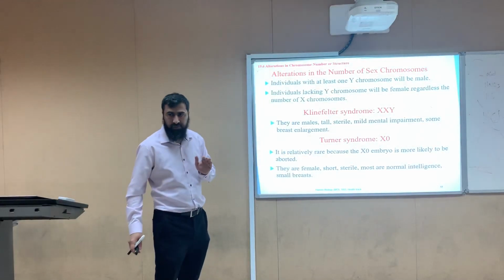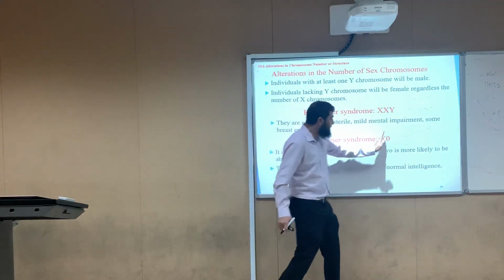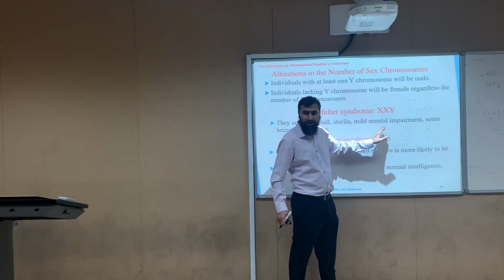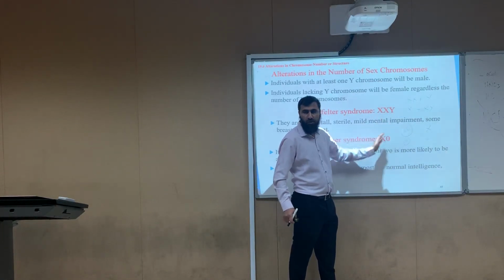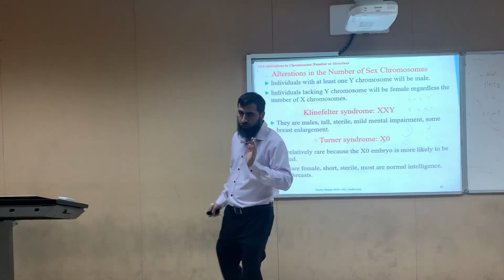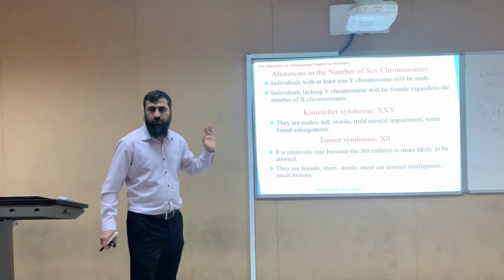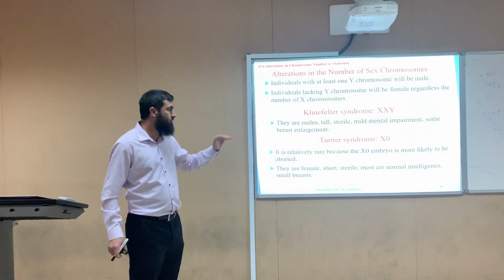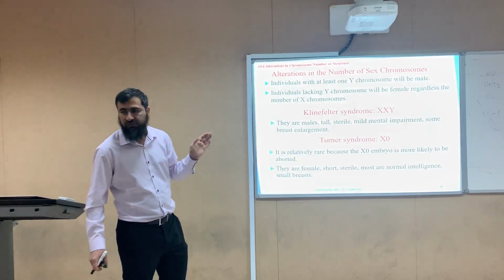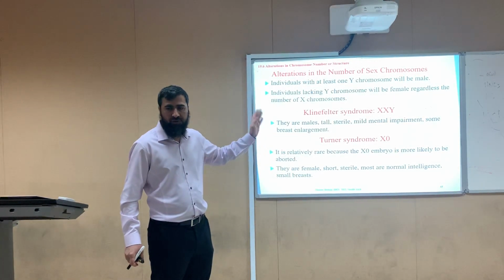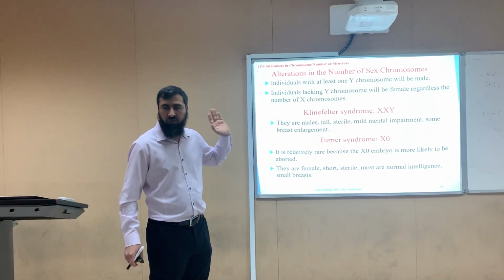So you're not always missing the whole X chromosome. In terms of chromosome number, the XO is related to alterations in chromosome number, but there are variations where parts of the X chromosome are still transferred to the egg, for example, from the sperm. Not all of it is missing.